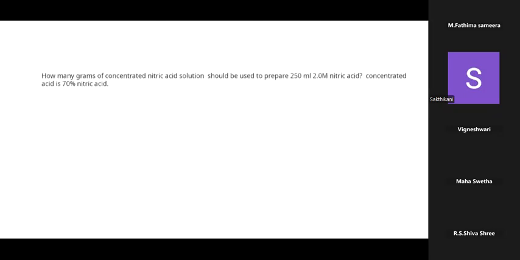How many grams of concentrated nitric acid solution should be used to prepare 250 ml of 2 molar nitric acid? Concentration of the acid is 70%. See, we are going to prepare a molar solution. So molarity is equal to weight taken per liter divided by molecular weight.